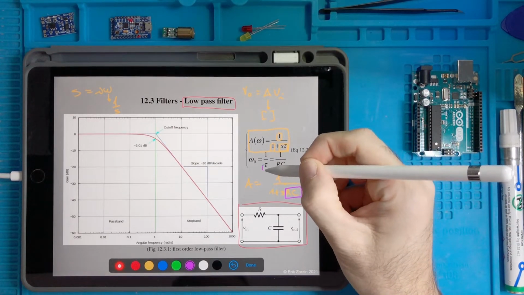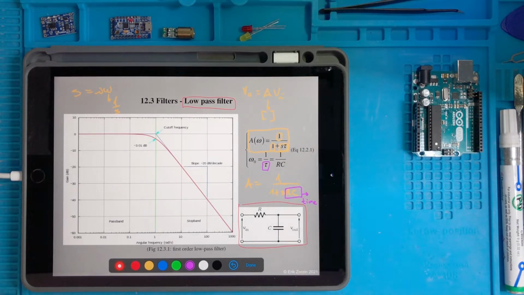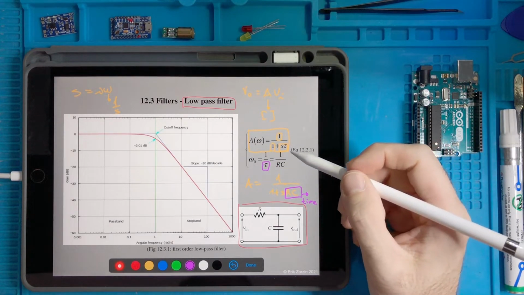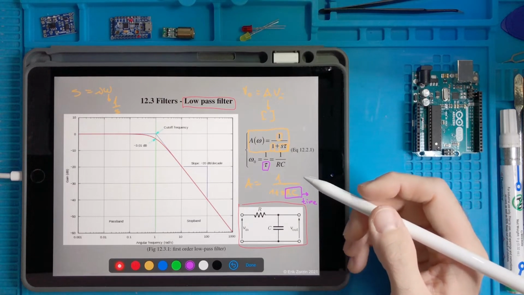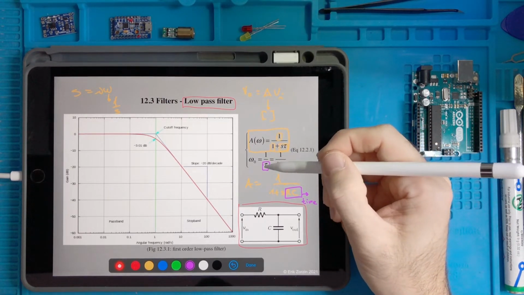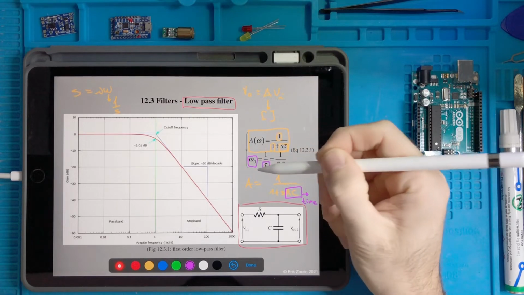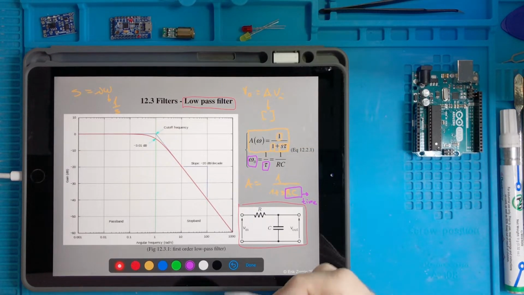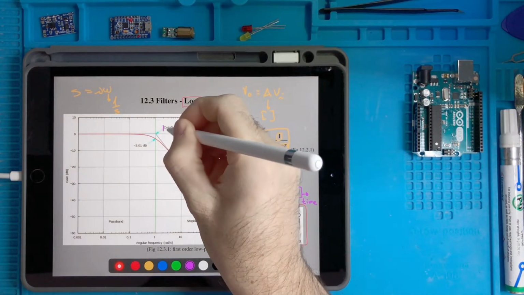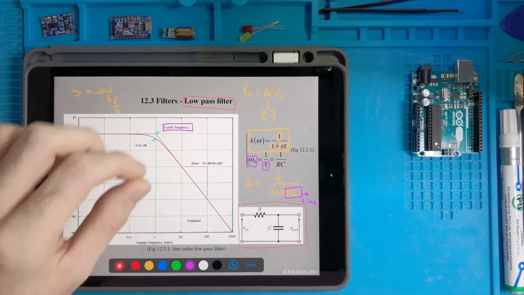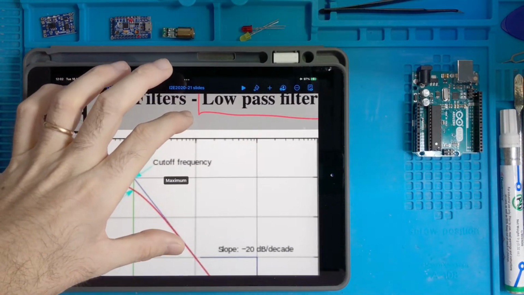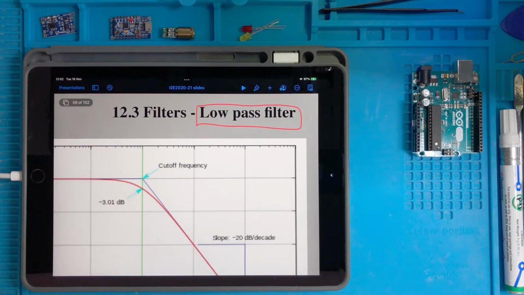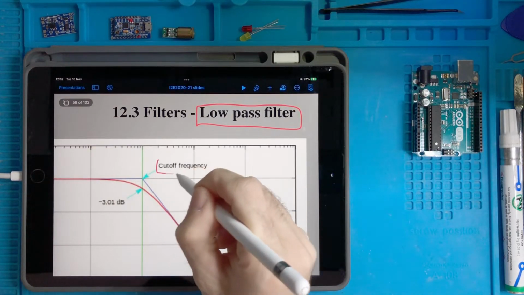I call it tau. So tau equals RC. And 1 over tau is a frequency, omega 0, which is called cutoff frequency.